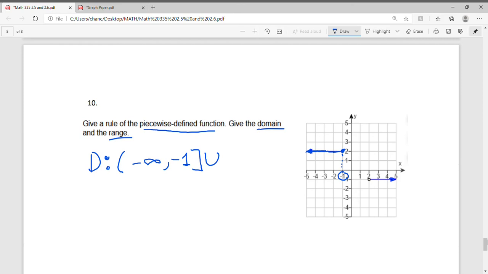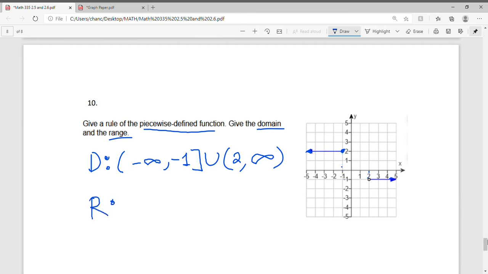We'll use union. It jumps to a 2, but this is not included, it's an open circle. We'll use a parentheses 2, and it goes to the right forever. This is our domain, negative infinity to negative 1, including the negative 1, union 2 comma infinity.